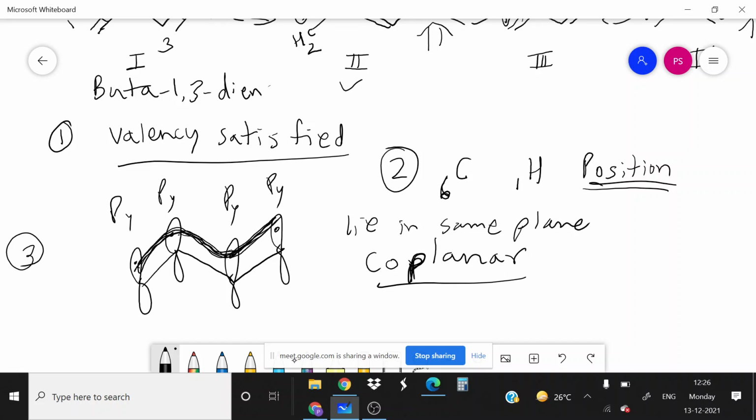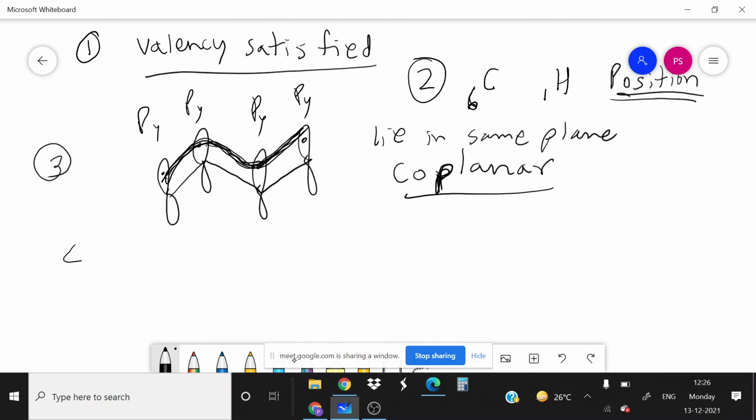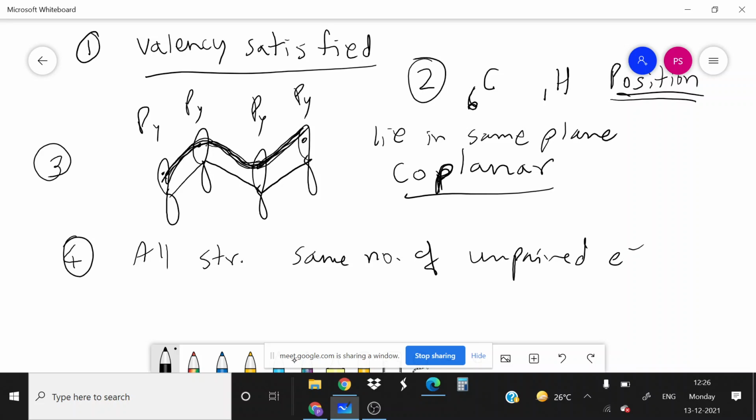Now, the fourth rule is all these canonical forms, all these Lewis structures must have the same number of unpaired electrons. Now which are unpaired electrons?